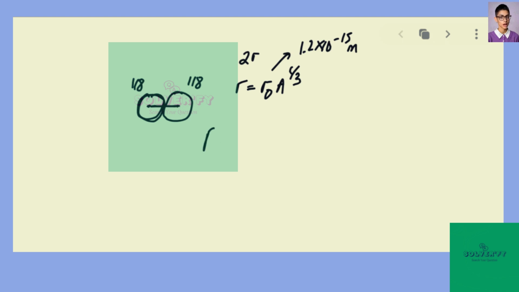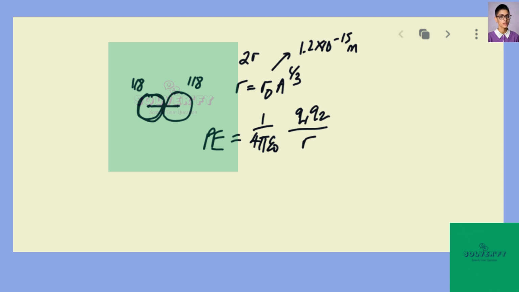Then we can find the potential energy, which is given as 1/4 pi epsilon naught Q1 Q2 over R. And the Q in this case will be equal to half the number of protons in our uranium.